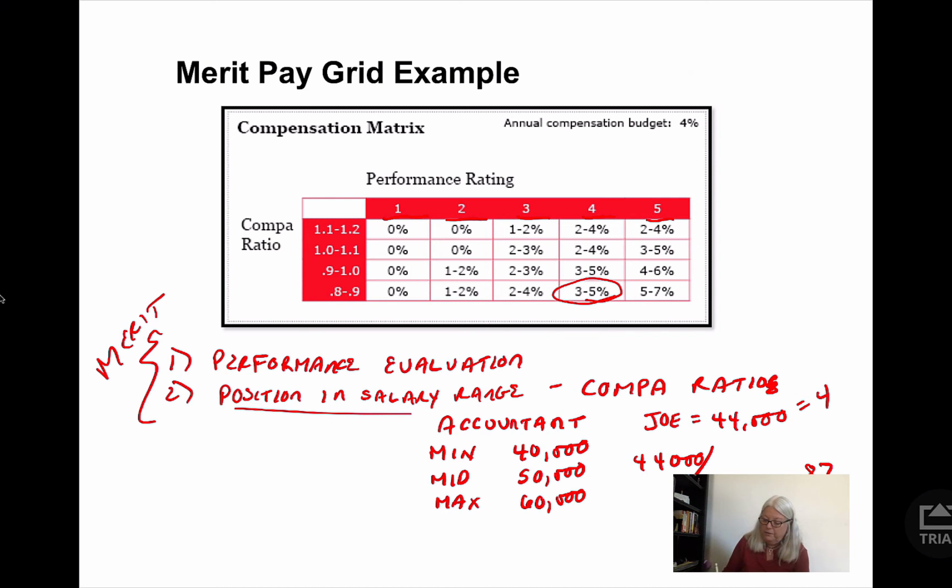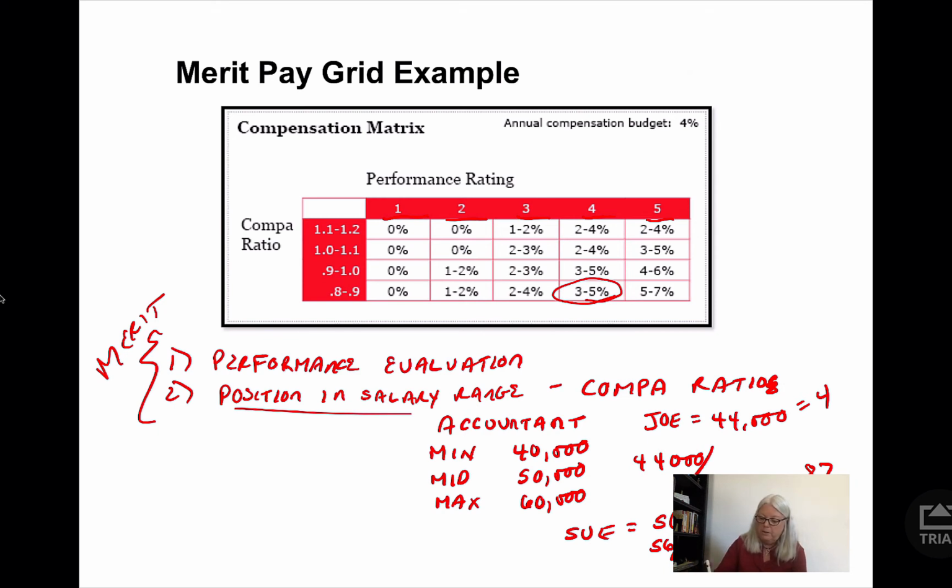Versus let's say I have Sue who's at $56,000. So Sue's compa ratio would be 56 divided by 50, or 1.12. And let's say that Sue got a 4 as well.